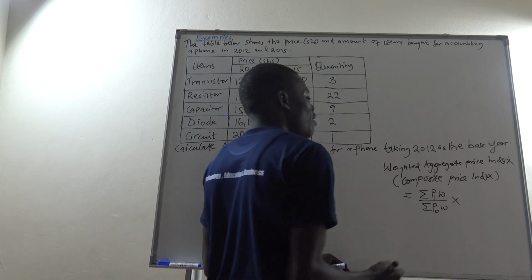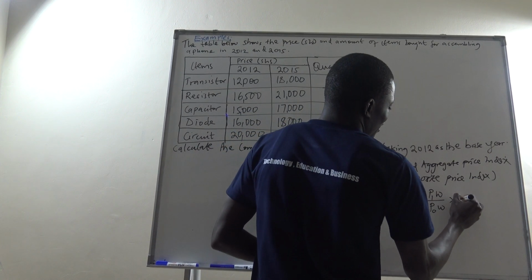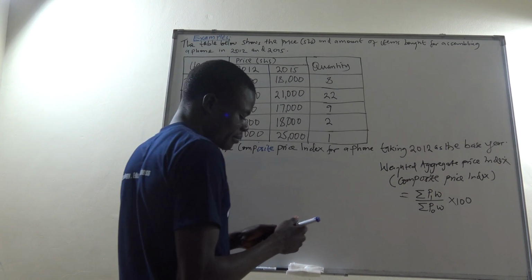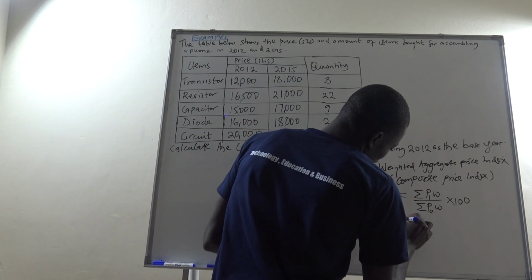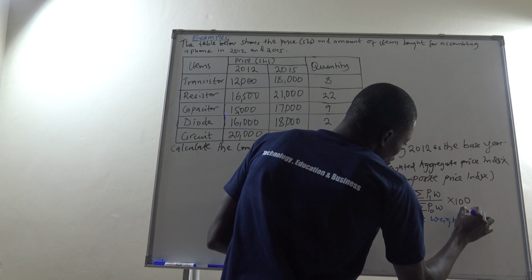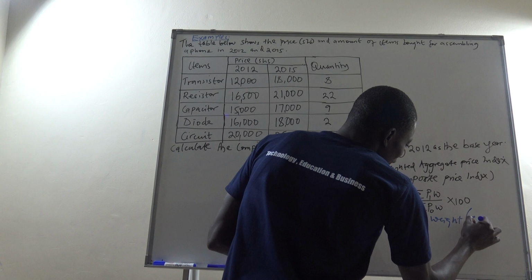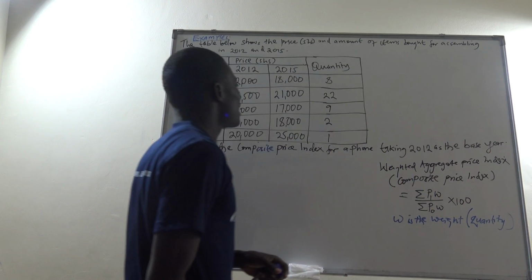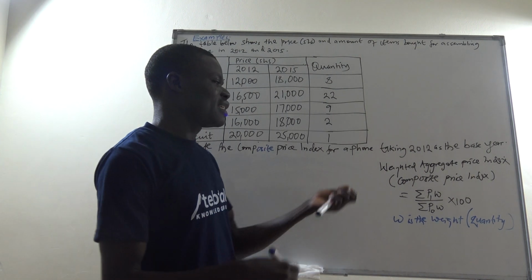Then after getting the total, you multiply it with 100. And then we said where our W is the weight or the quantity or the number of item that is required.